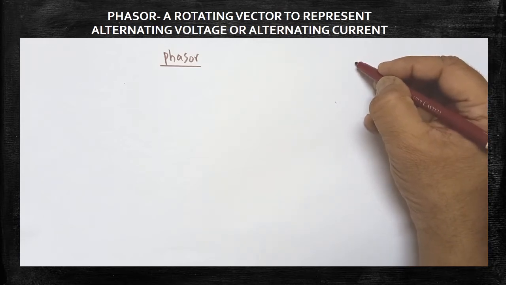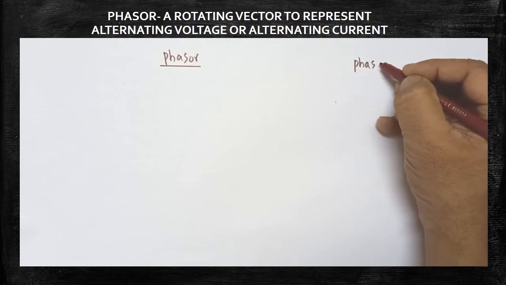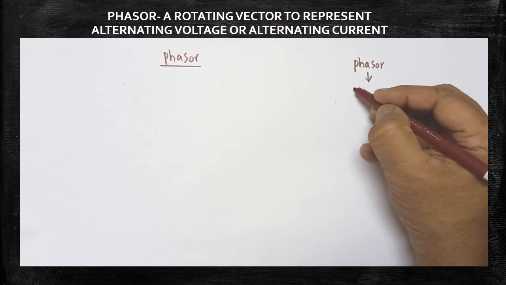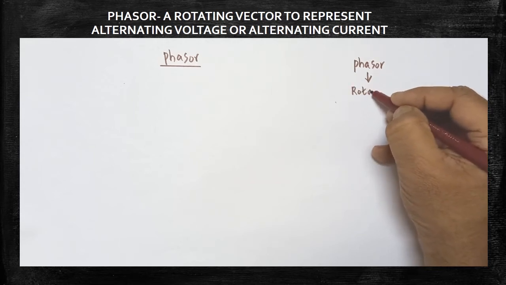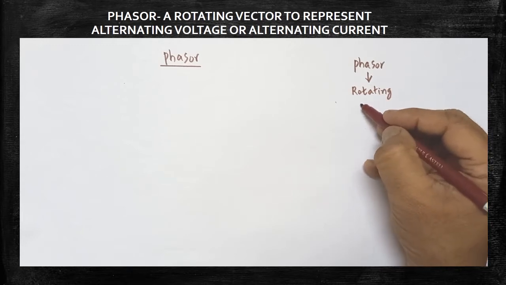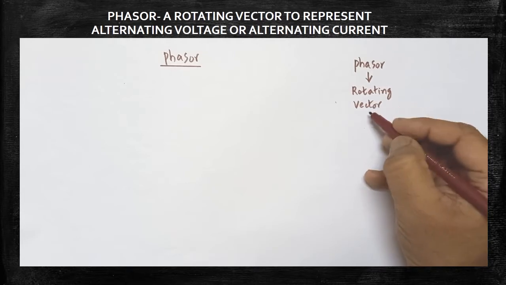First you should know the definition of phasor. What is a phasor? Phasor is a rotating vector. Very patiently you have to learn. Phasor is nothing but a rotating vector. Are you clear? Why is this rotating vector used?